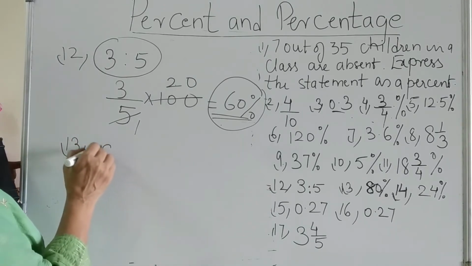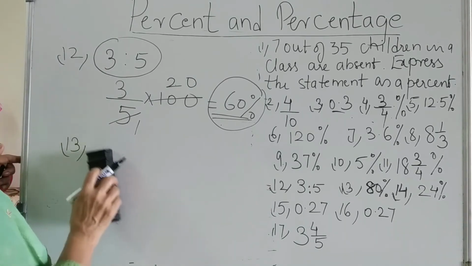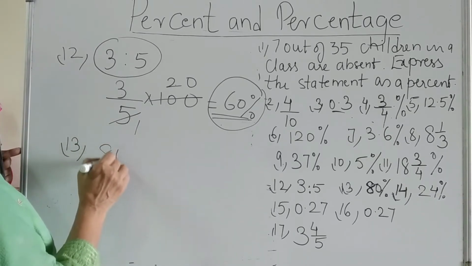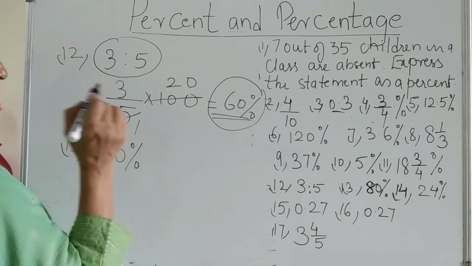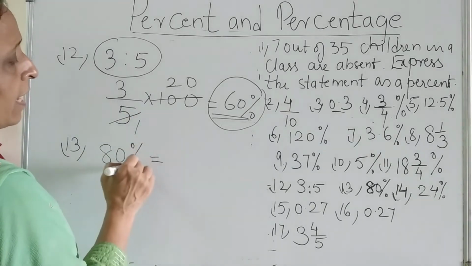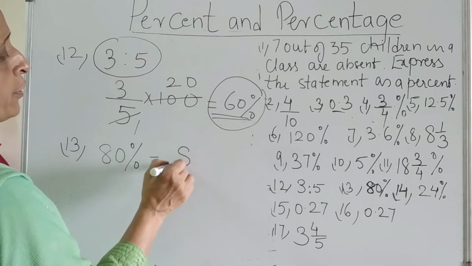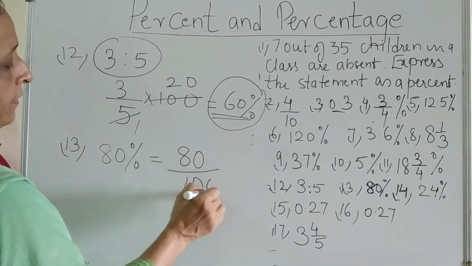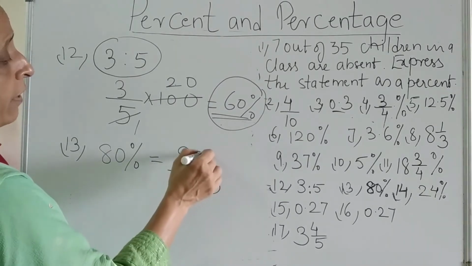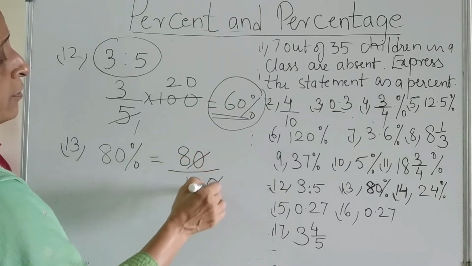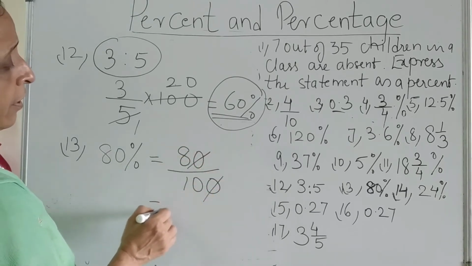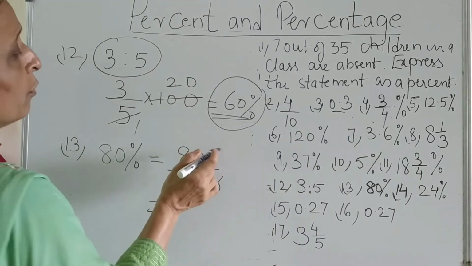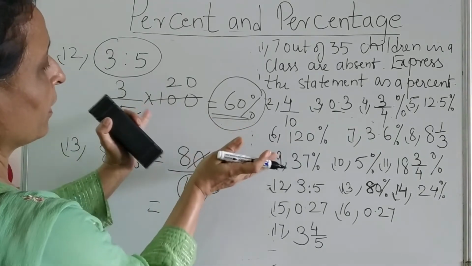Now next is 80%. Percent is given, so you have to find the ratio. Here 80% has to be converted into a decimal, so it has to be divided by 100. If you divide this by 100, this 0 gets cancelled. Now when it is divided by 10, the point has to go to the left hand side, not the right hand side.